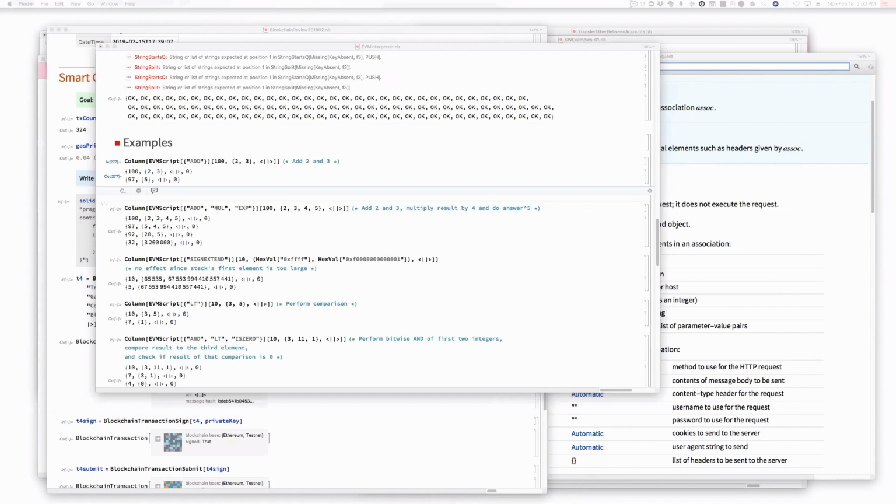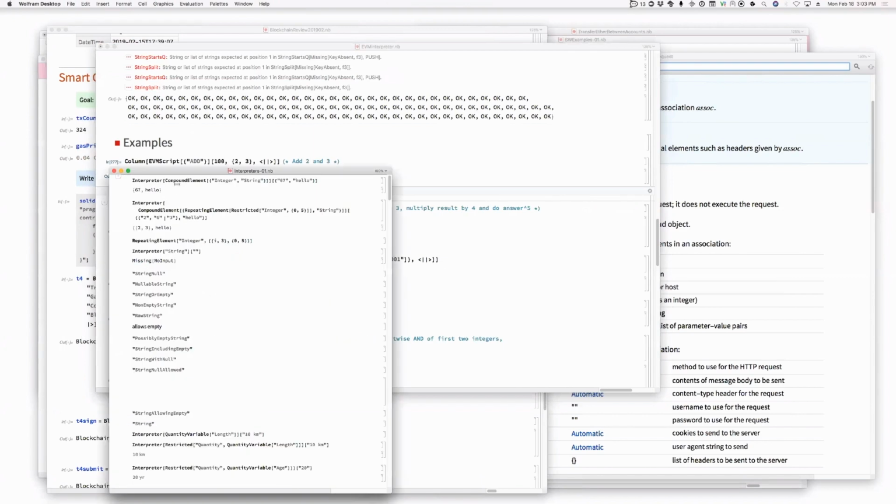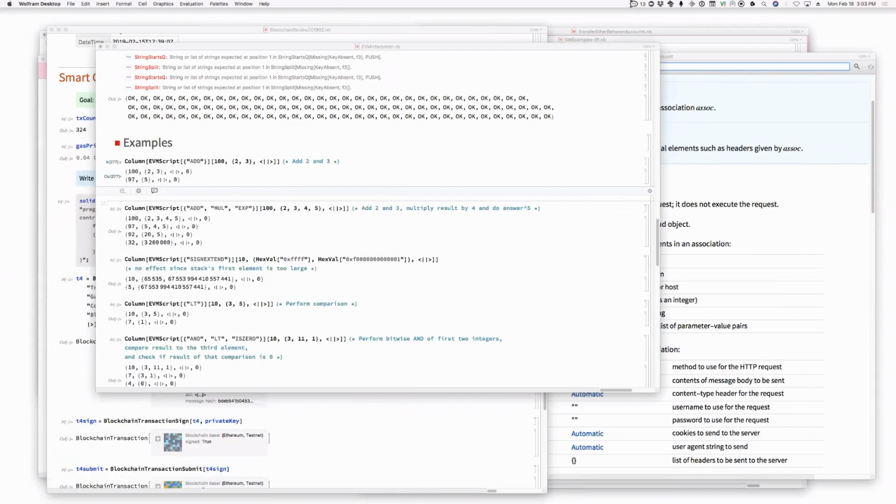So let me see. I wonder what this is. Well, I've got several of these. Let's take a look. That's not it. Hold on. I think I should be able to find it.